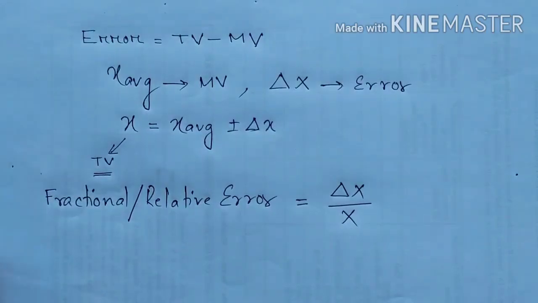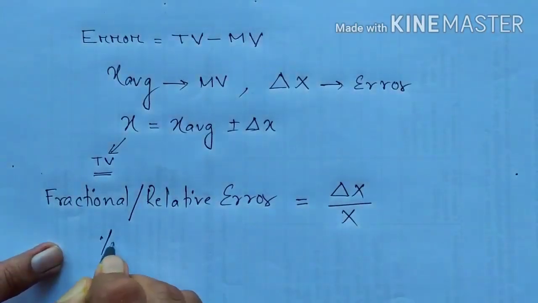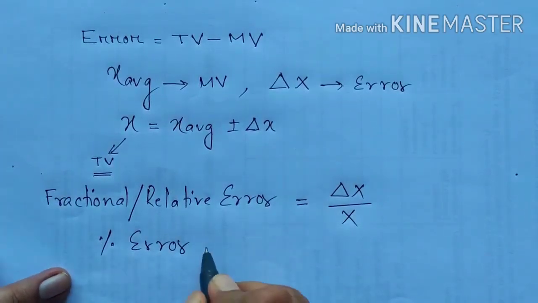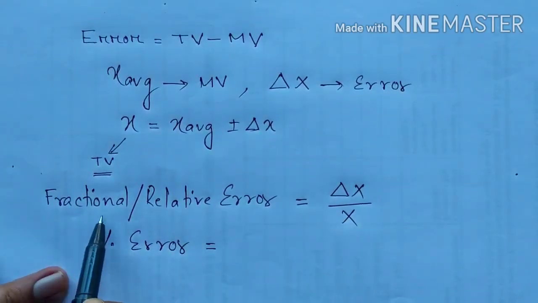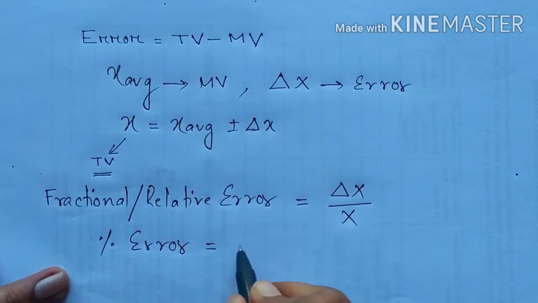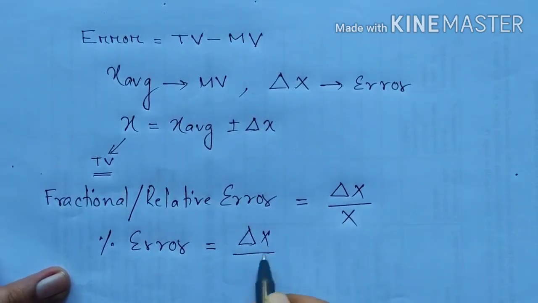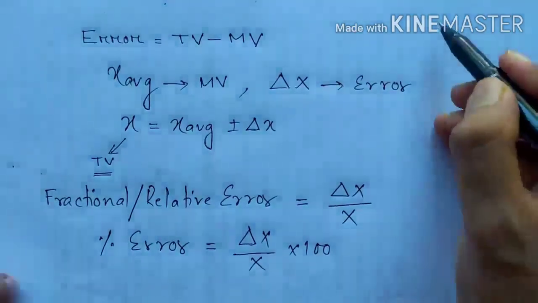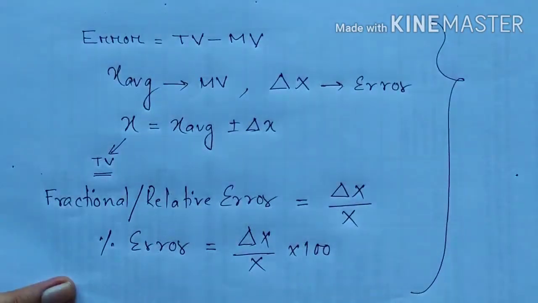And finally we have written the expression of percentage error, which was nothing but fractional error multiplied by 100, that is delta X by X into 100. So this is all what we have done in our previous class.